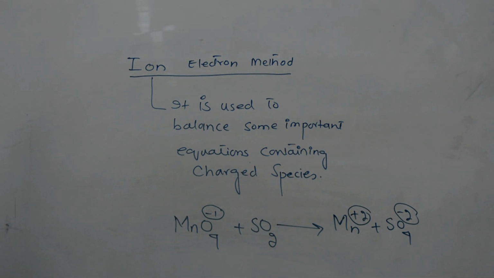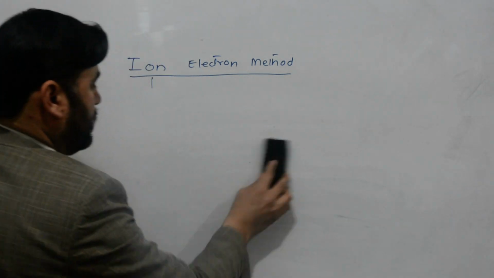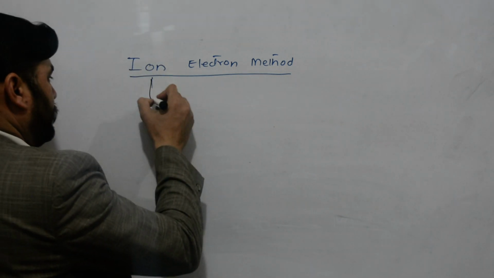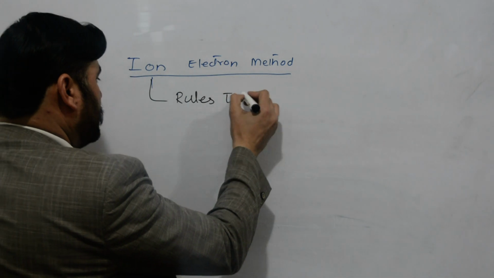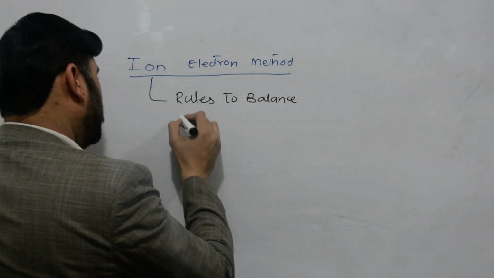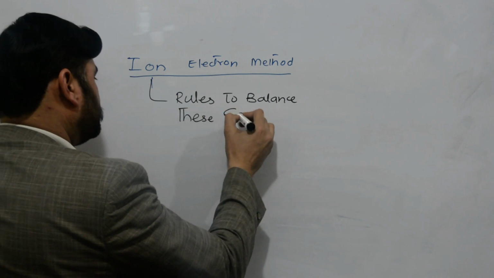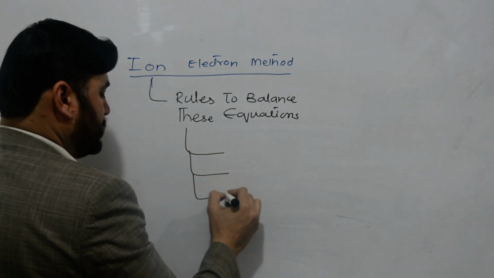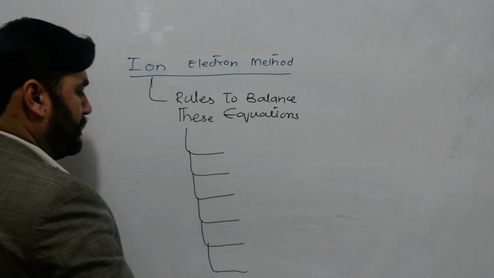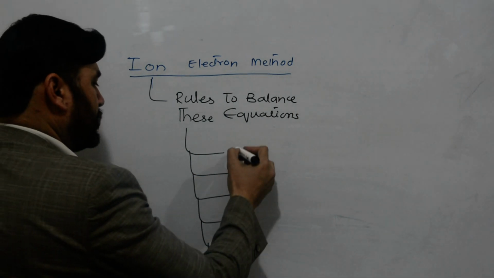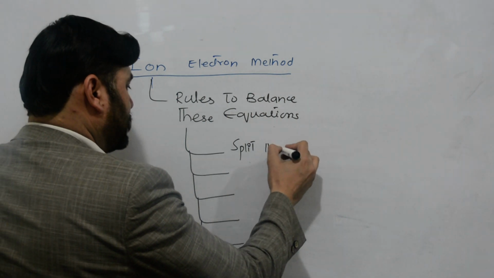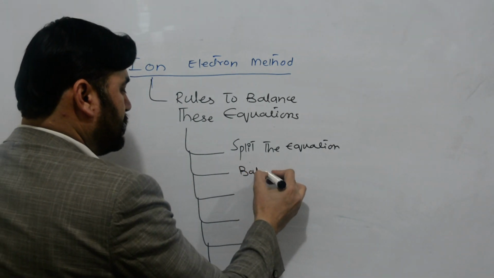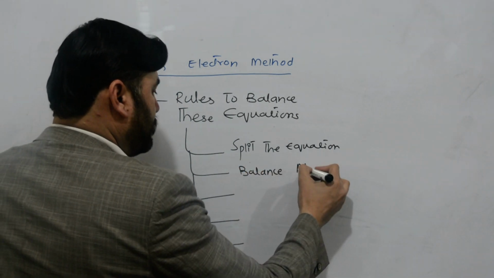Let's have some basic rules for this equation. Basically, there are 6 basic rules to balance these equations. Rule number 1 says split the equation. Rule number 2 says balance atoms.